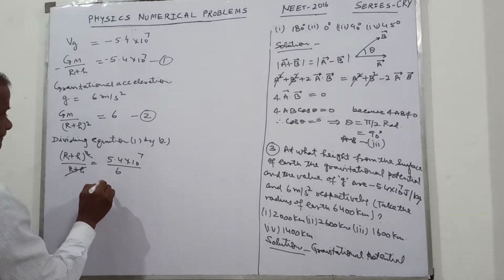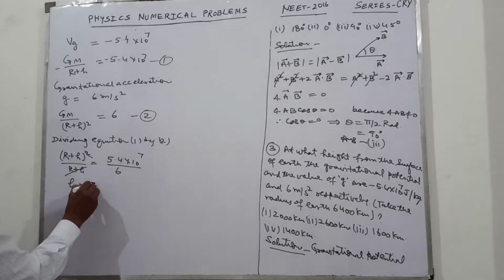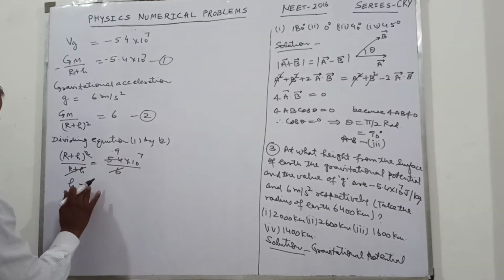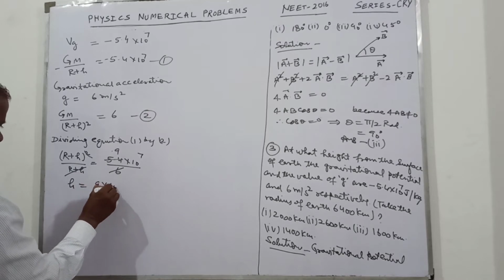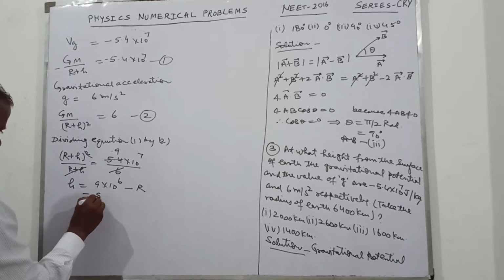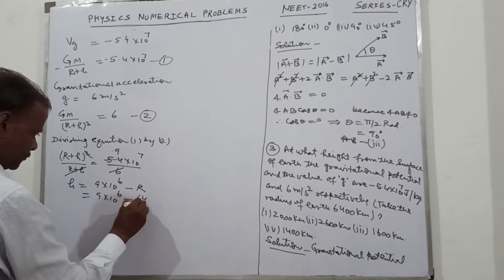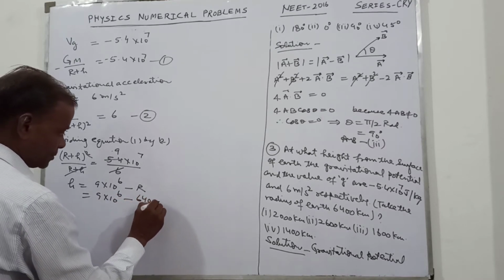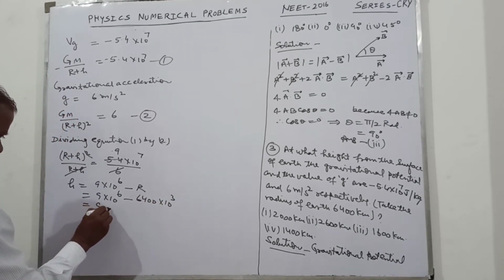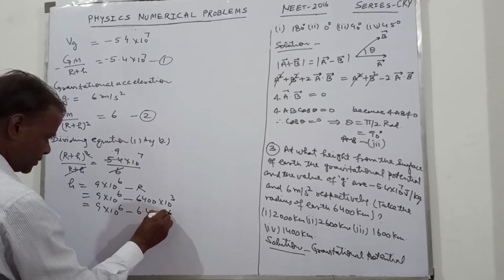So from here we can have H equal to 9 into 10 raised to the power 6 minus R. So this is 9 into 10 raised to the power 6 minus 6400 kilometers, that is 6.4 into 10 raised to the power 6.